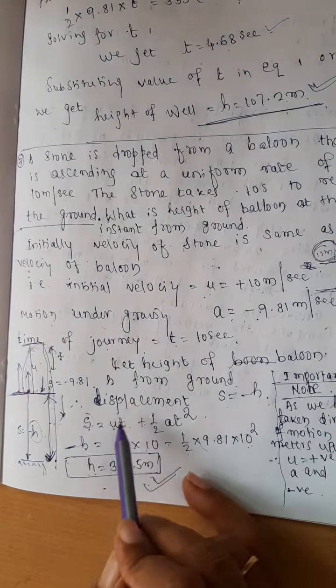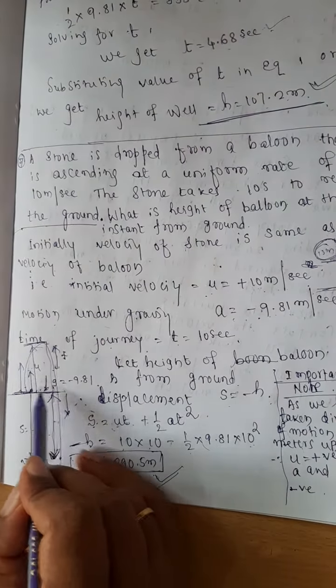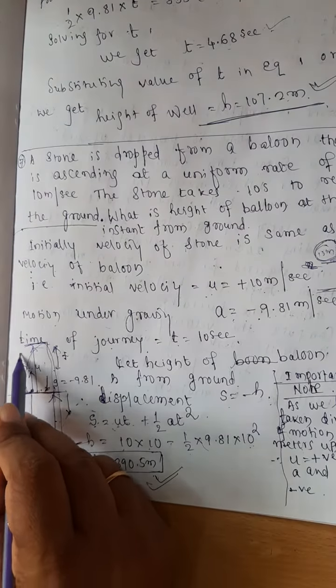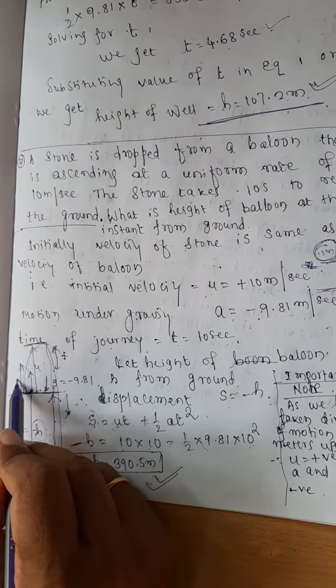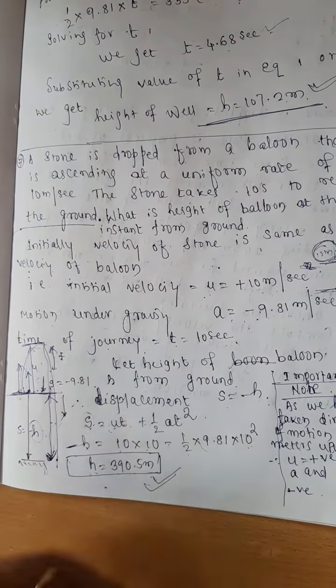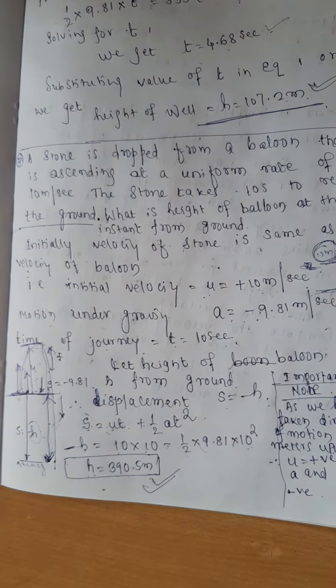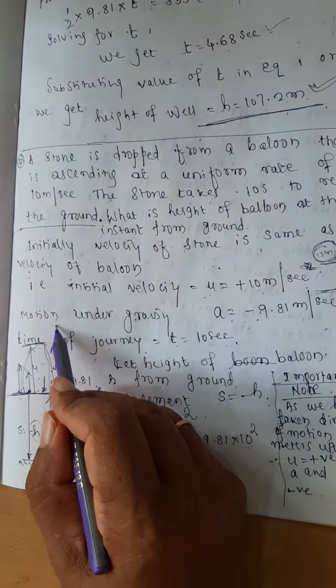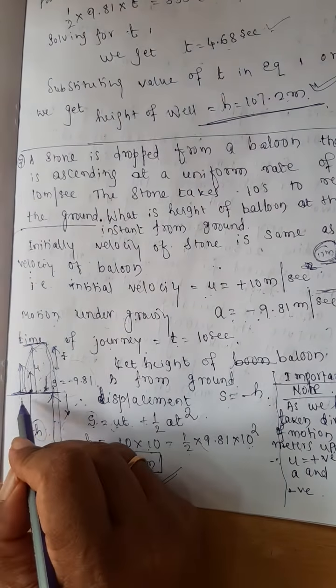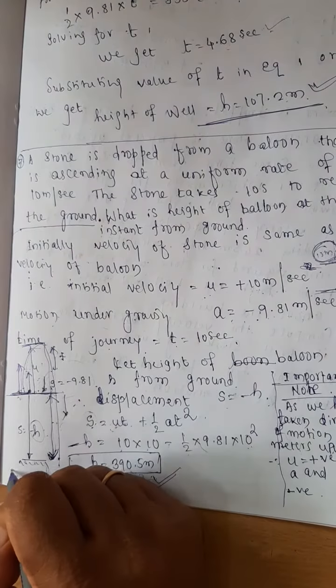I'll repeat once again what I have done here. From here I have taken the upward direction as positive. That is why u is positive, since initially the stone is moving in the upward direction. And acceleration due to gravity is in the downward direction, that is why g is minus 9.81. The distance traveled is nothing but the height of the balloon here.